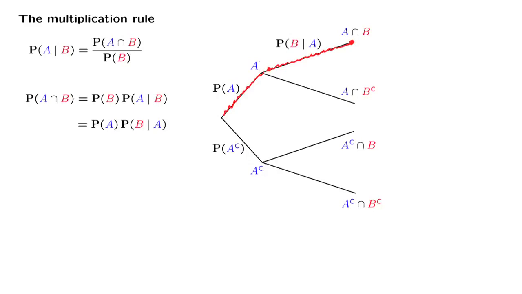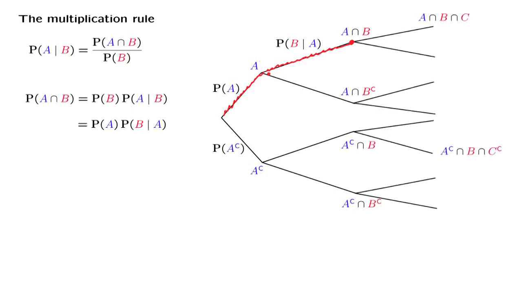How do we generalize this calculation? Consider a situation in which the experiment has an additional third stage that has to do with another event C that may or may not occur. For example, if we have arrived here, A and B have both occurred, and then C also occurs, then we reach this particular leaf of the tree.